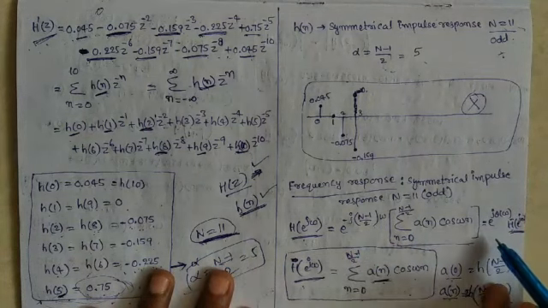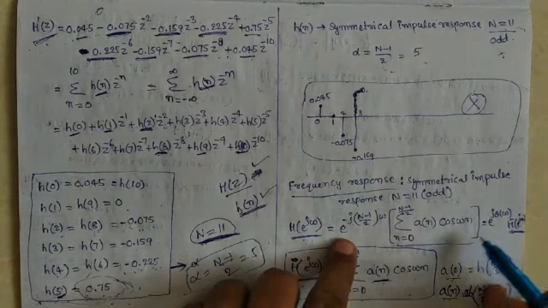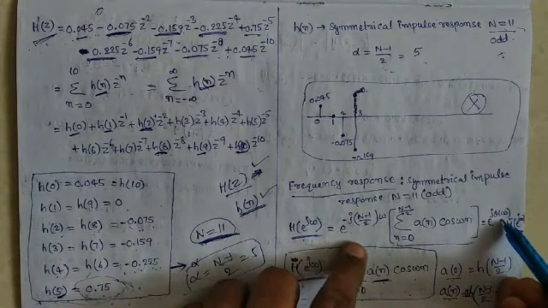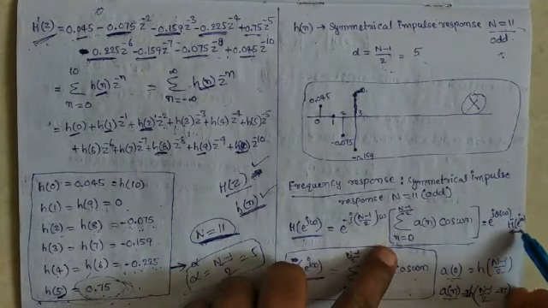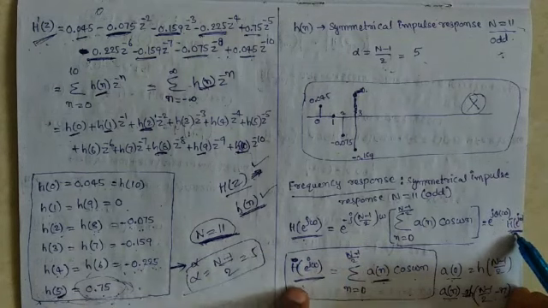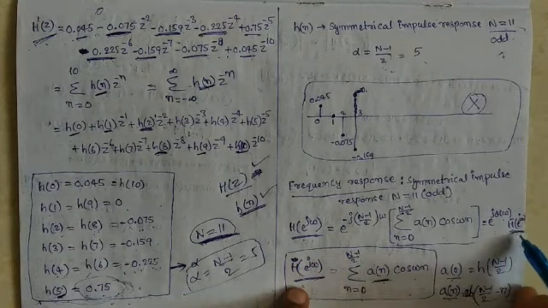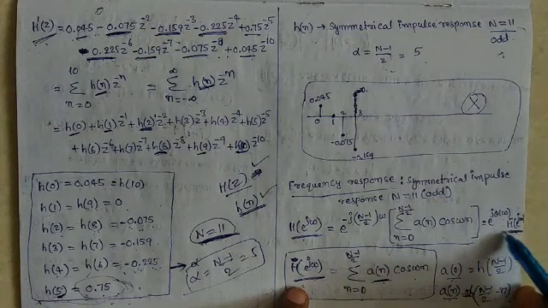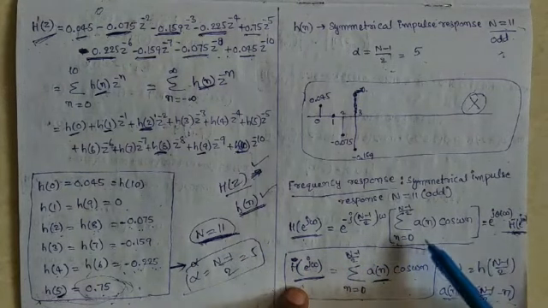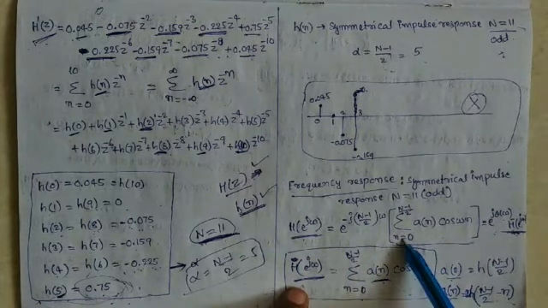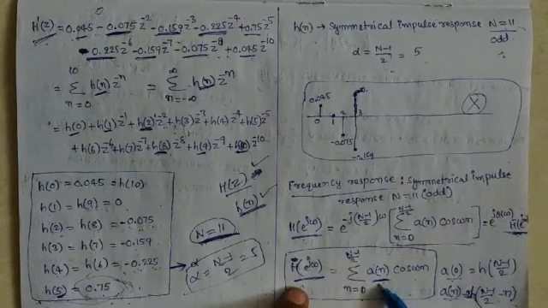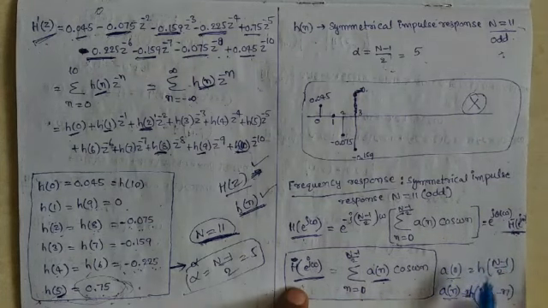Here which is of the form e power j theta of omega into h bar of e power j omega. Here we are comparing this equation with this equation. Here h bar of e power j omega is equal to summation n is equal to 0 to capital N minus 1 by 2 a of n cos omega n.